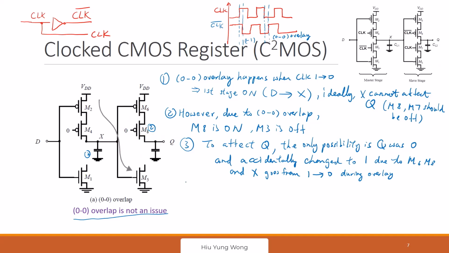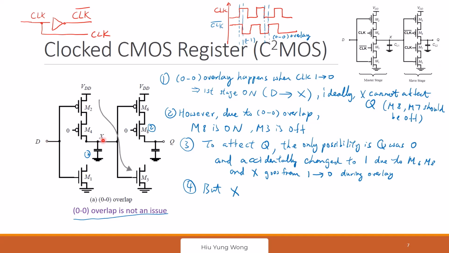But is this possible? In this situation, can X change from 1 to 0 based on here? How can X change from 1 to 0? It relies on data.